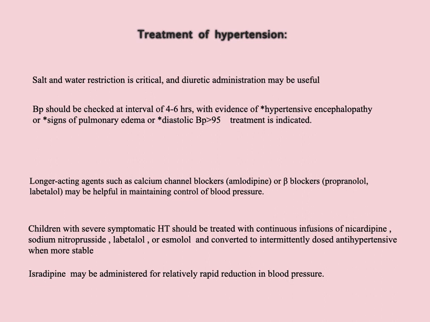Children with severe and symptomatic hypertension may be treated with continuous infusion of nicardipine, sodium nitroprusside, labetalol, and esmolol. During the treatment, blood pressure should be checked at intervals of 4 to 6 hours, and hospitalization is indicated for patients with hypertensive encephalopathy, signs of pulmonary edema, or diastolic blood pressure more than 95.